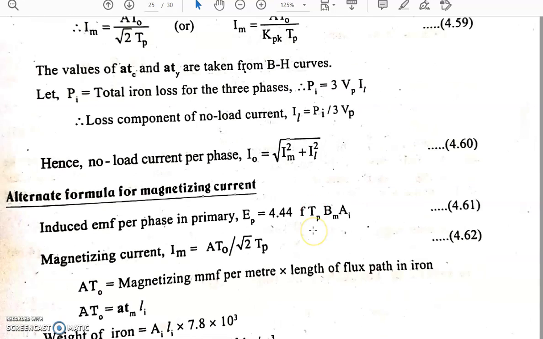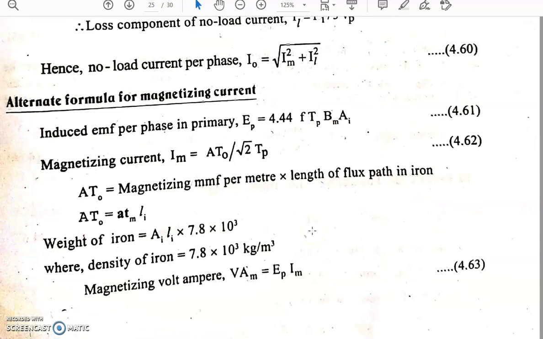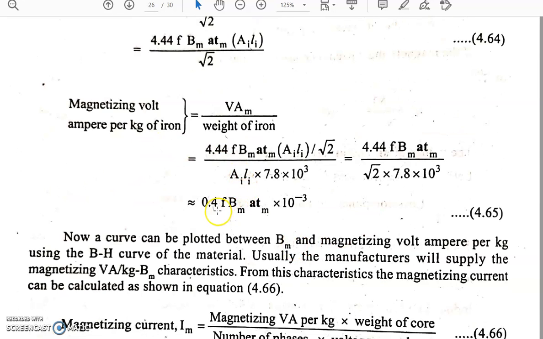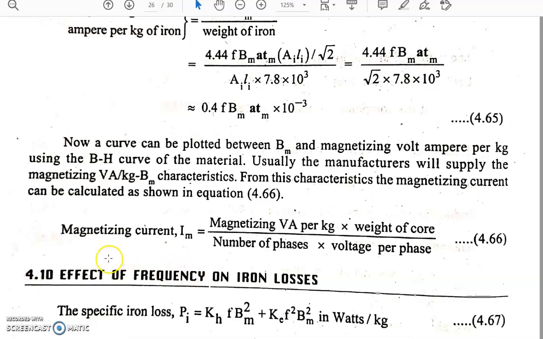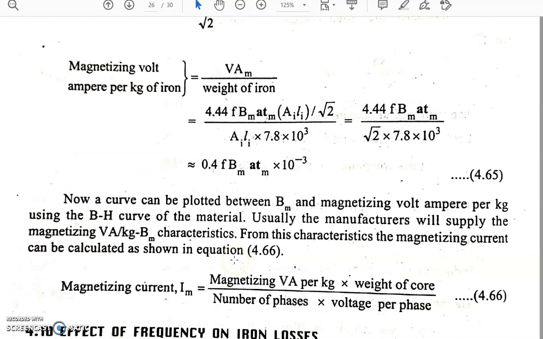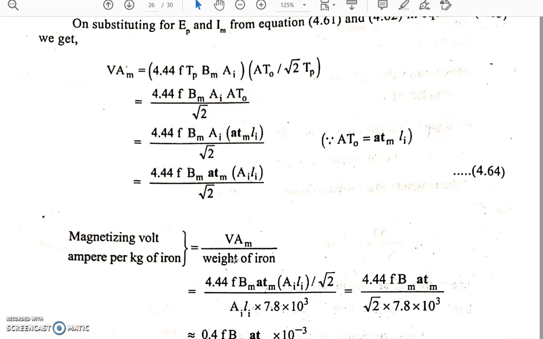We also got an alternate expression to find the magnetizing current in terms of ampere turn per meter of the magnetizing path, from the BH curve supplied by the manufacturer, and from that we finally calculate the magnetizing current per phase for the given transformer. Okay, so this is about the calculation of no load current of transformers.